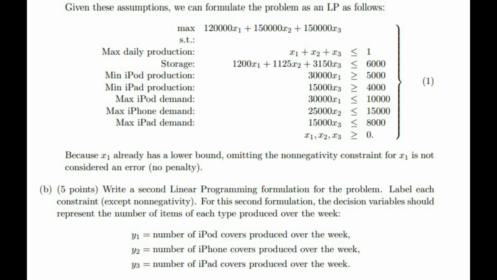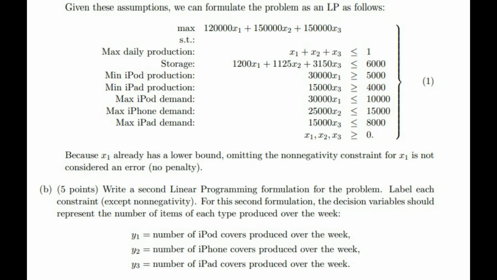Maximum iPhone demand: 25,000 X2 is less than or equal to 15,000, and maximum iPad demand: 15,000 X3 is less than or equal to 8,000. X1, X2, X3 is greater than or equal to 0.